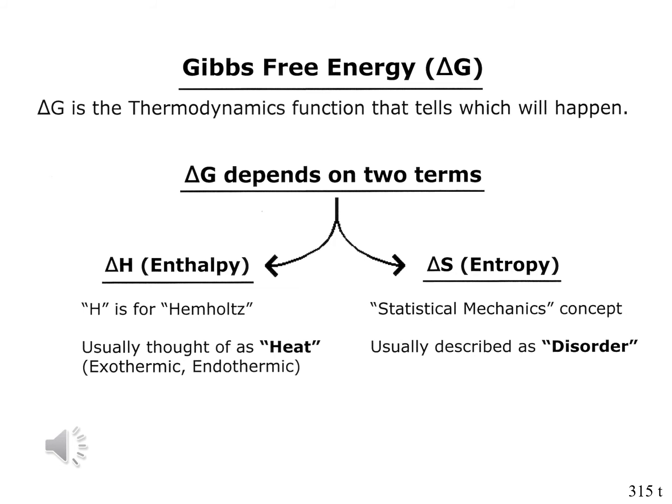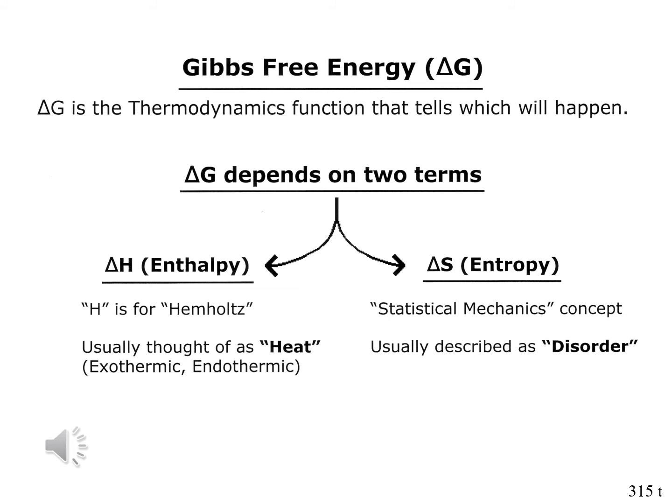But it also depends on another function, which a lot of times people don't look at until they're in physics. Delta S is called entropy, and most people think of entropy, as an analogy, as meaning disorder.